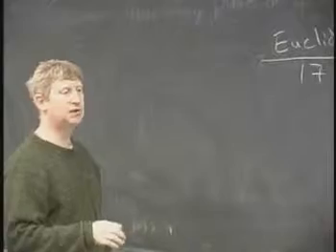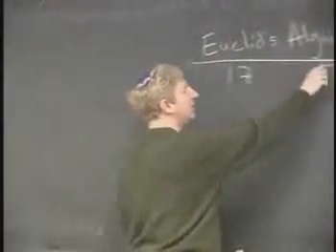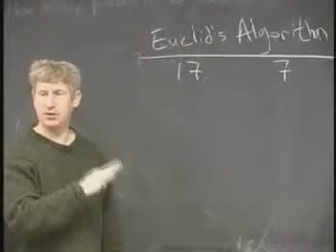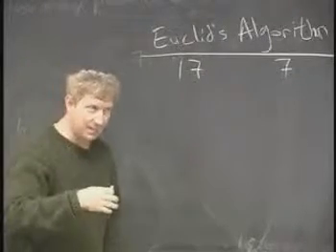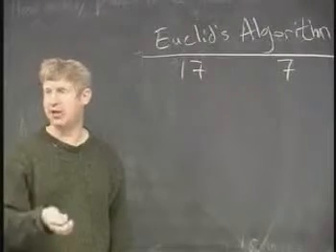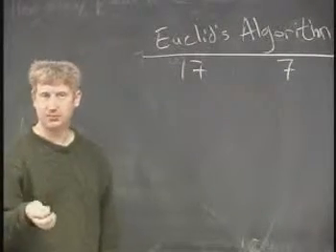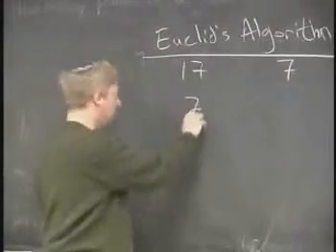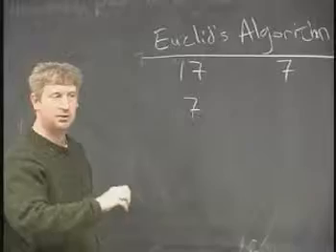Here's what Euclid says. If you give me two numbers, 17 and 7, for example, then the greatest common divisor of these two numbers is the same as the greatest common divisor of two other smaller numbers that I will tell you how to get. Take your smaller number and use that as your bigger number for the next pair.